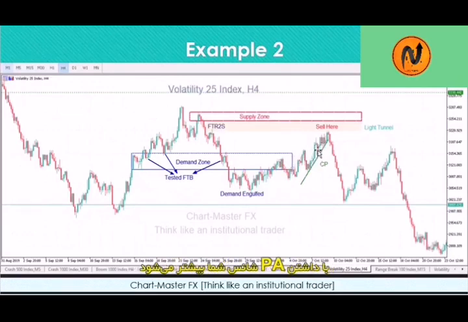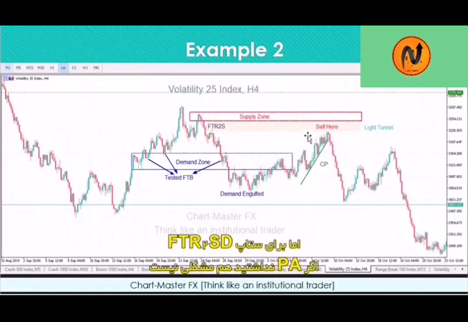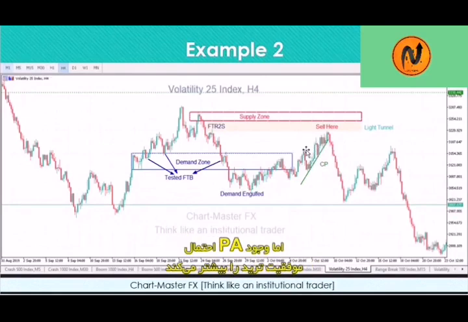Once you have a PA, you are increasing your chances of success because it is a confluence. But you can take a trade even though we don't have a PA when it comes to FTR to SD. But when you have a PA, you're increasing your chances of being successful in that trade. So let's go to example number 3.